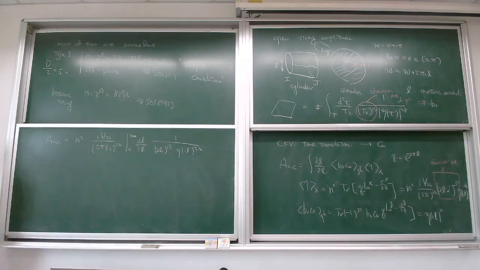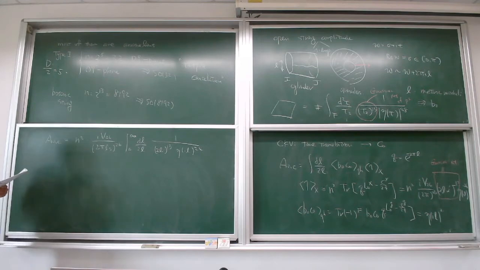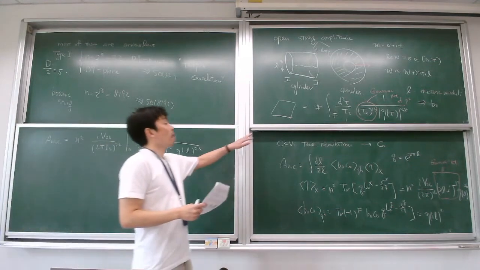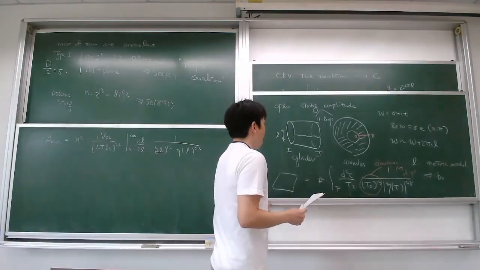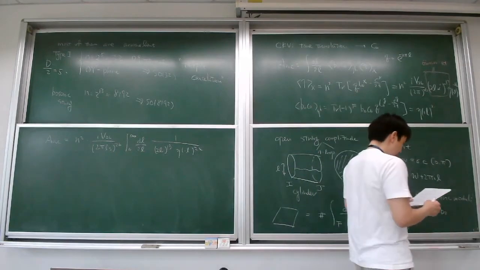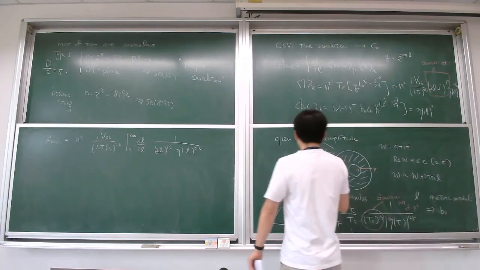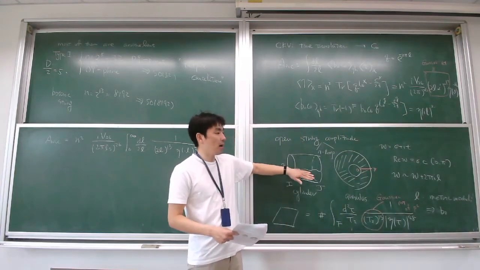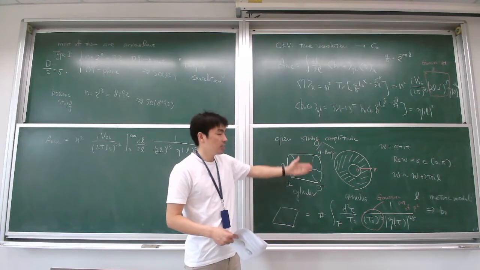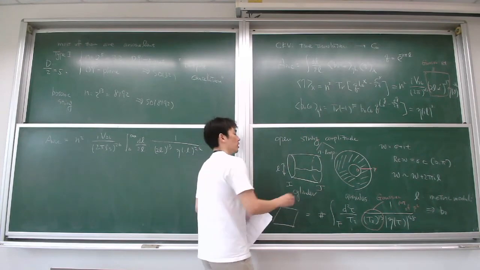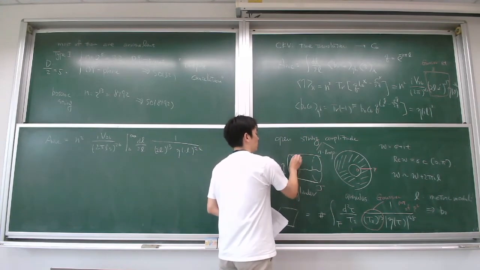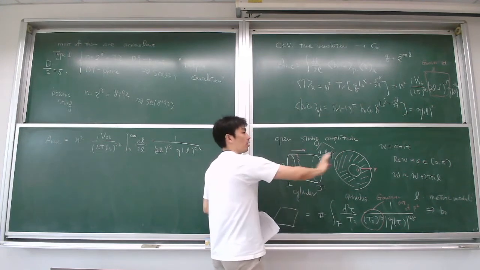Okay, so let's look at the significance of this theory. As you can easily imagine, this open string cylinder is equivalent to the closed string propagating on the cylinder.